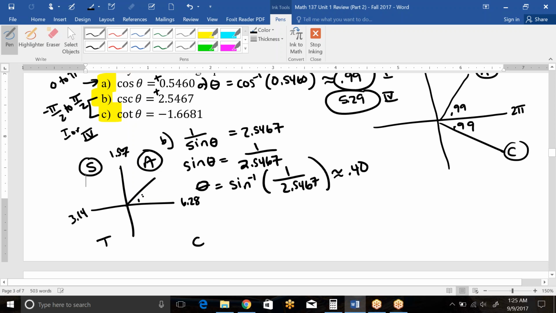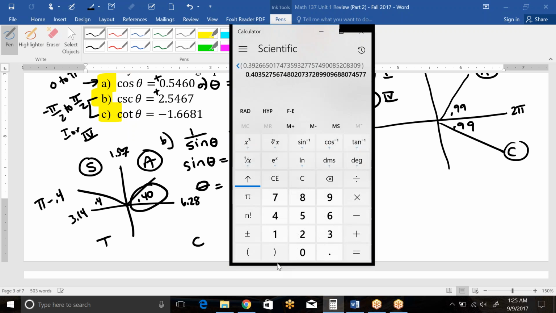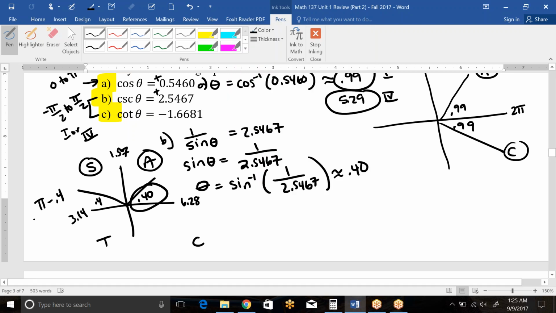So the 0.4 is definitely over here in quad 1, which is one of the answers I was looking for. So that's good. But then I also need a matching 0.4 here. So I'm going to do pi minus 0.4 to get that decimal. So pi minus 0.4 is 2.74. So there's that answer.